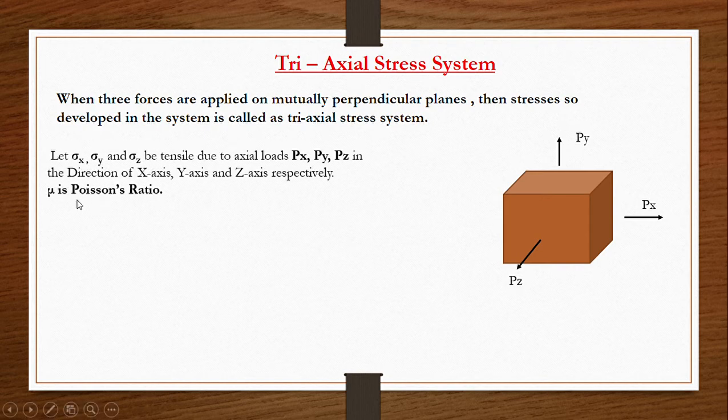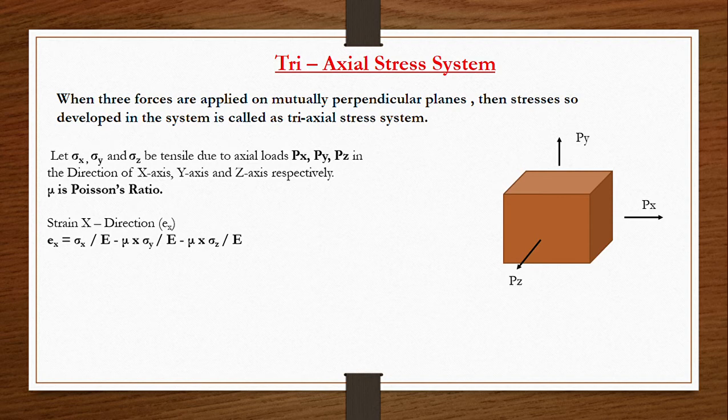Sigma x, sigma y and sigma z are the three stresses applied on the three axes respectively, and as you know, mu is the Poisson's ratio. We will consider the stress applied on each axis.